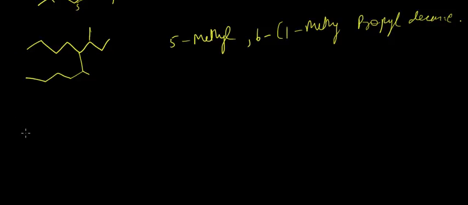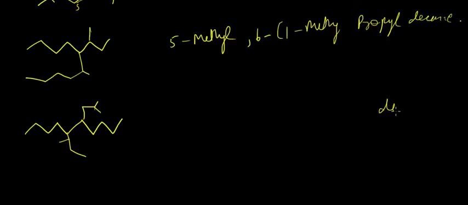Let's look at our last example in this series of complex substituted organic compounds. What would be the nomenclature for this? Let us count the maximum number of carbon atoms in the chain: 1, 2, 3, 4, 5, 6, 7, 8, 9, 10.